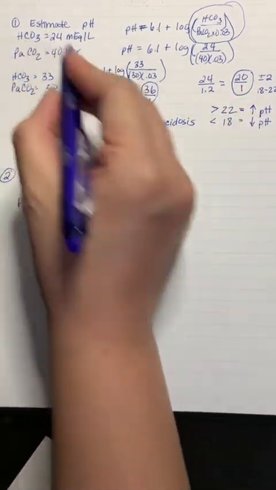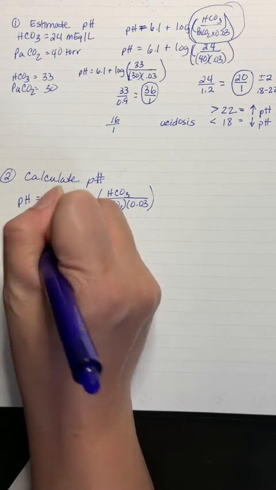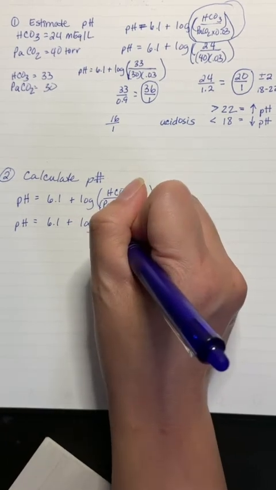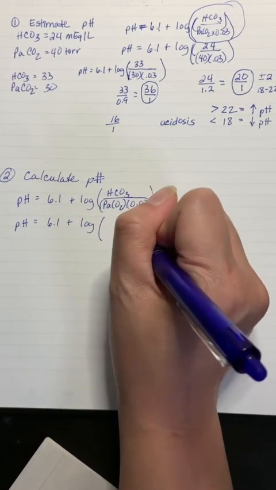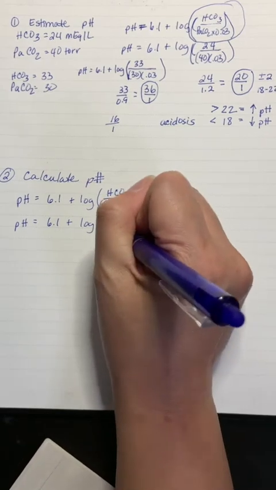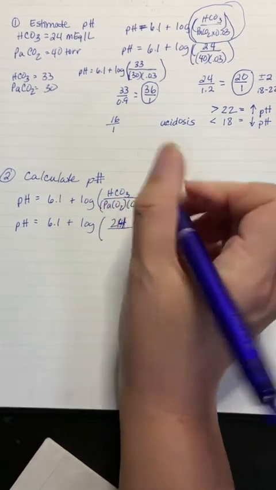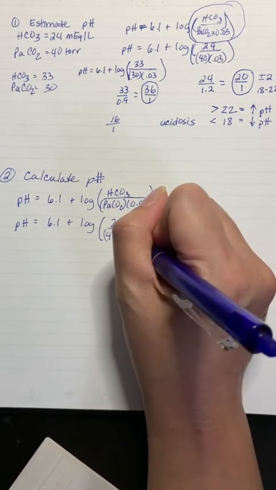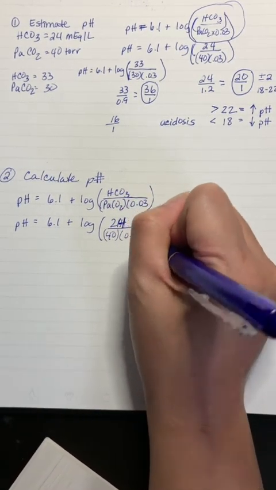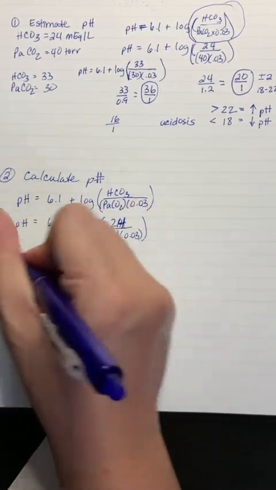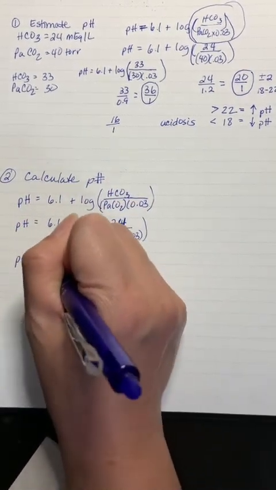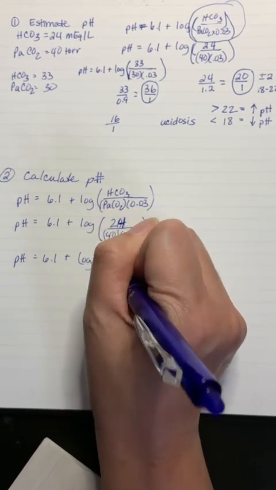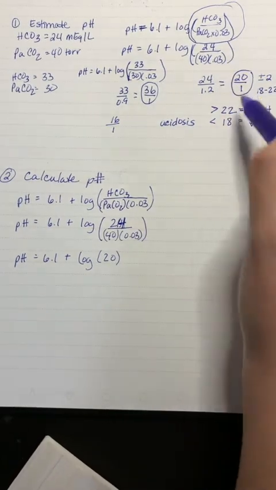Let's do normal. pH is equal to 6.1 plus the log of HCO3, which is 24, over 40 times 0.03, which is pH equal to 6.1 plus the log of 20. Okay, based on those calculations.